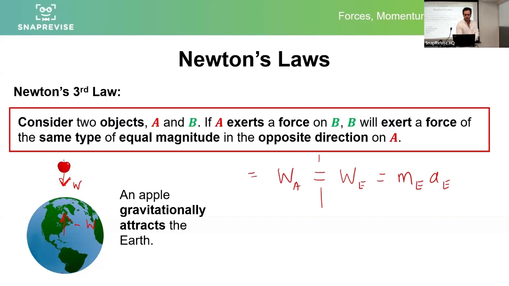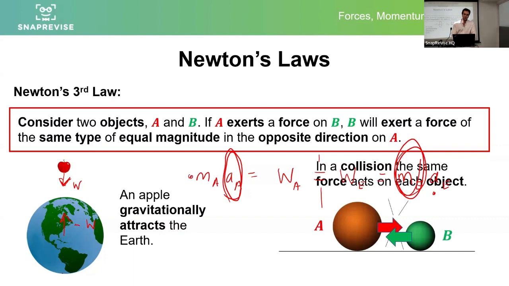And it's also going to be equal to the mass of the apple times whatever its acceleration is. But of course, the mass of the earth is huge and the mass of the apple is comparatively tiny. And so by comparison, the acceleration of the apple is going to be huge and the acceleration of the earth is going to be tiny. Barely noticeable, in fact, which is why you wouldn't expect to observe the earth massively going out of its way to meet an apple.